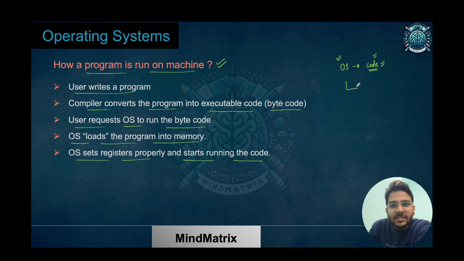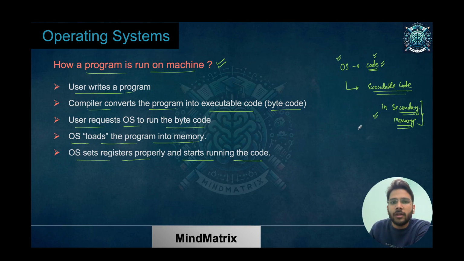The operating system is already there as executable code, or we can say compiled code, in our secondary memory, or hard disk, you can say.